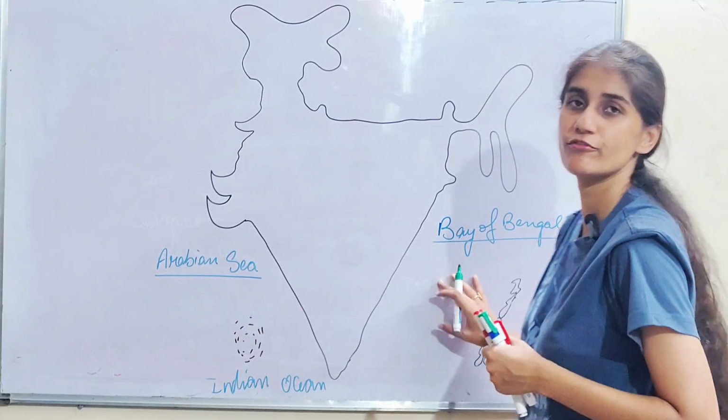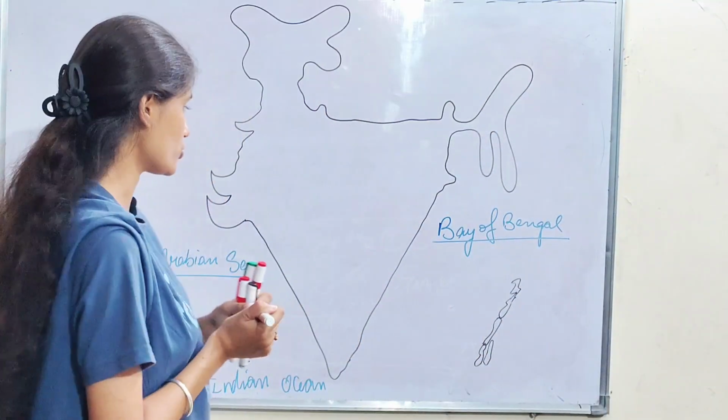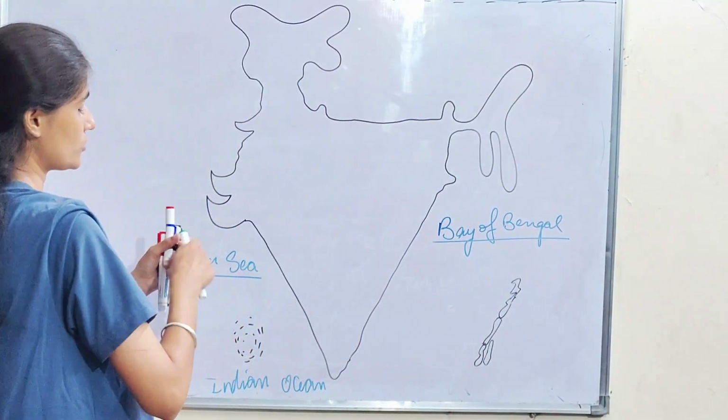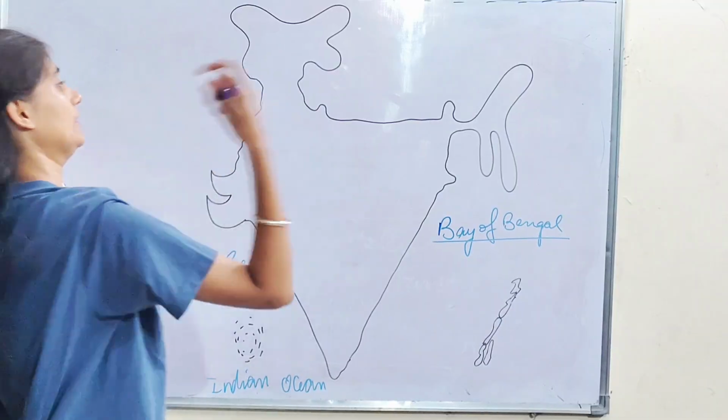Arabian Sea and Bay of Bengal are also part of the Indian Ocean.